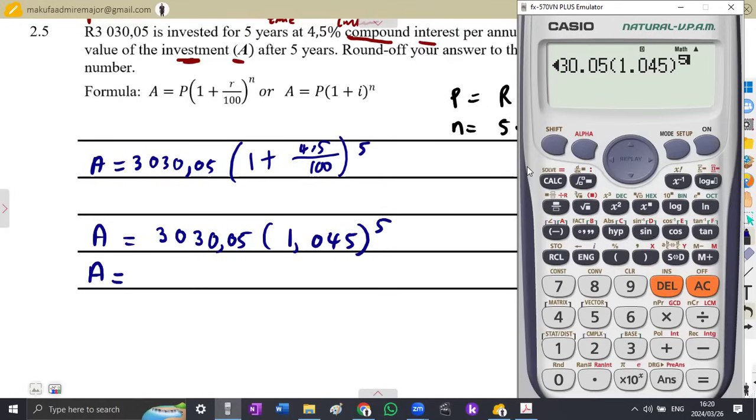You're going to get this value, then you round off 3,775.99. The 9 is going to change this into 3,776. Or you can just do this on your calculator.